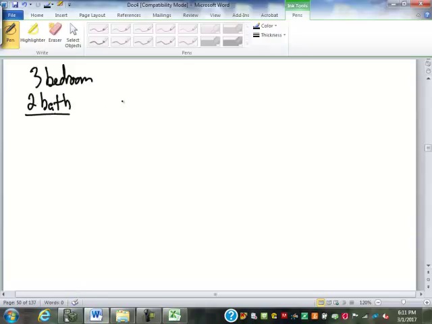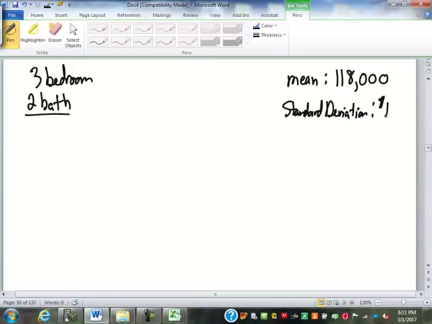And you do your research. And when you're doing your research, you find that in this area, the mean cost of a 3-bedroom, 2-bathroom home is $118,000, with a standard deviation of $18,000.